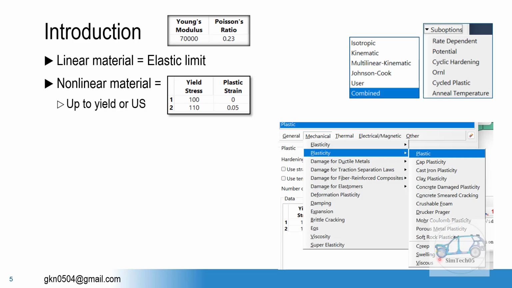Of course, creep, swelling and viscous are common for both civil and mechanical engineering, and those are a completely different area. Okay, that's enough. Up to now we have seen that for the elastic, or linear, material we need to define only the elastic limit. For plasticity, along with the Young's modulus and Poisson's ratio, we have to define the plastic parameter, and this is nothing but classical metal plasticity.